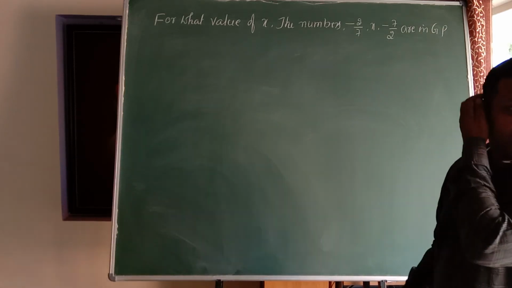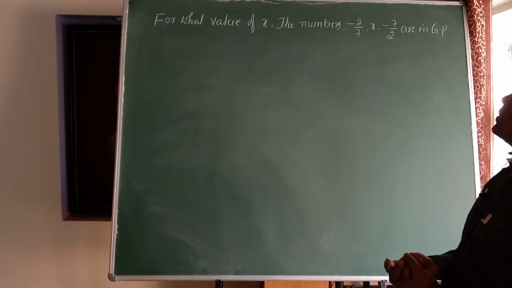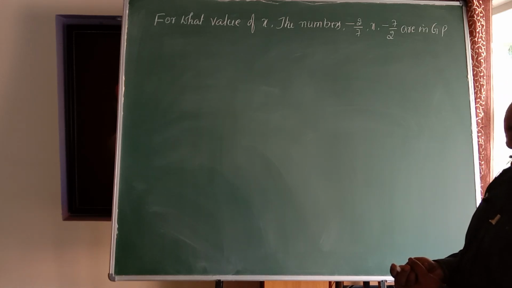Look at the question. Here the question is, for what value of x are the numbers minus 2 by 7, x, minus 7 by 2 in GP?